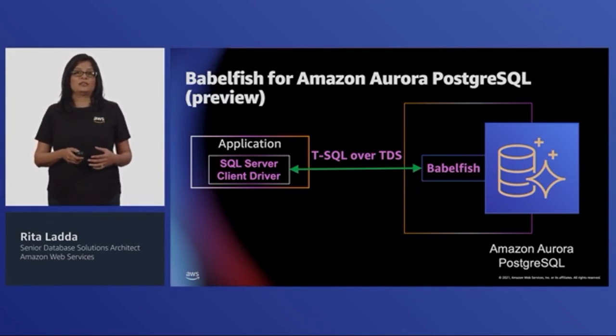Babelfish understands the SQL Server wire protocol and T-SQL, Microsoft SQL Server's query language. So you don't have to switch database drivers or rewrite all of your application queries. Babelfish enables faster, lower risk, and low effort refactoring. This feature is currently in preview. After signing up for preview, you can enable Babelfish with just a few clicks.